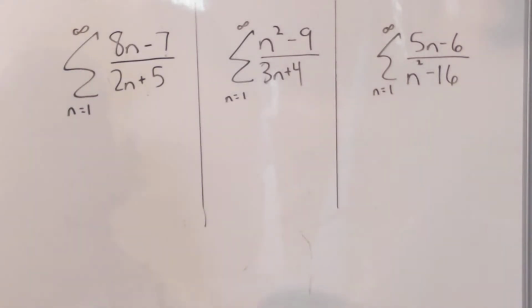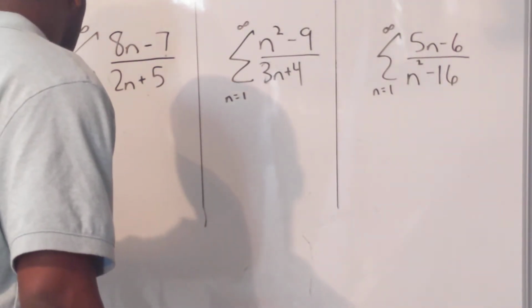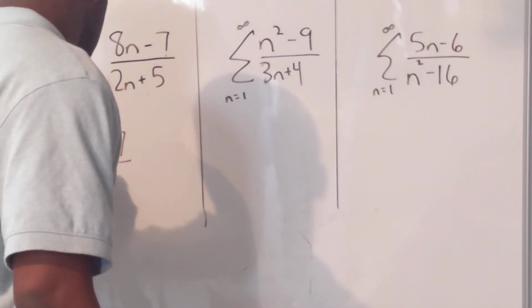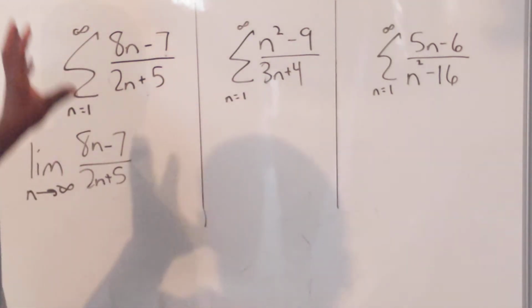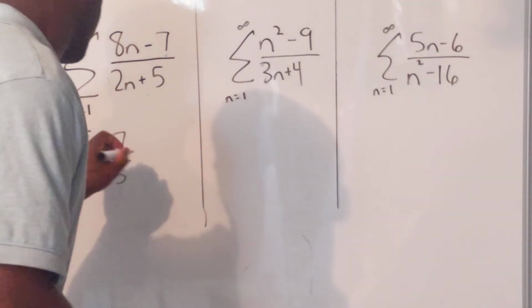Okay, so now we have 8n minus 7 over 2n plus 5. So what we do, we set up an infinite sequence. Now, if we remember, you can go through and do all of your simplification processes and everything. And we can look at this one. This will end up being 4.